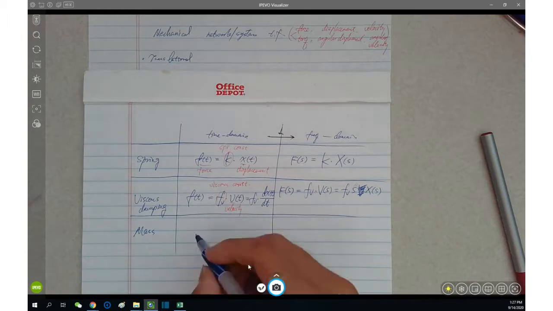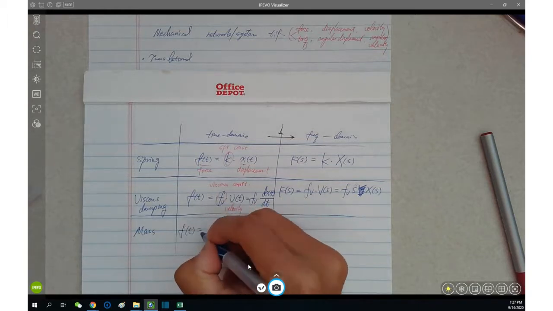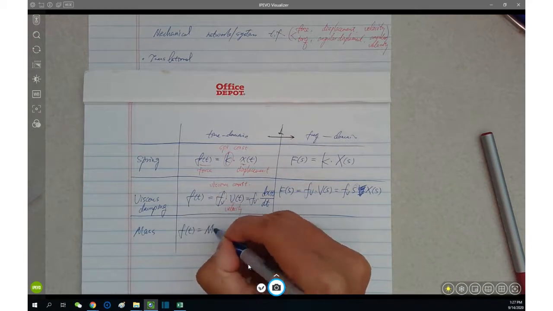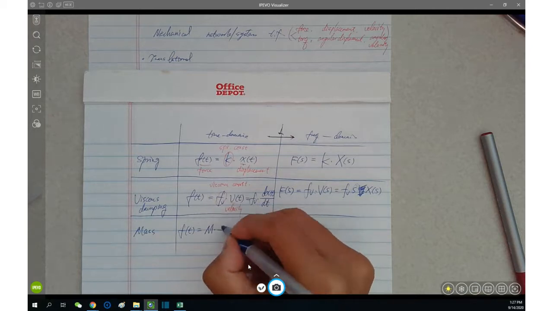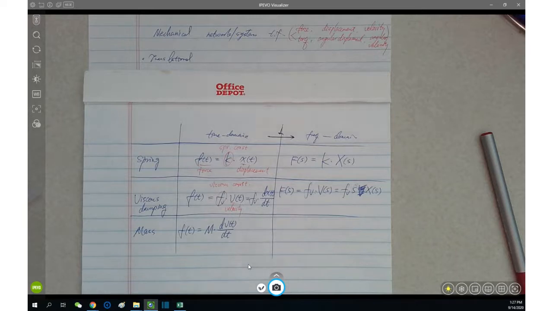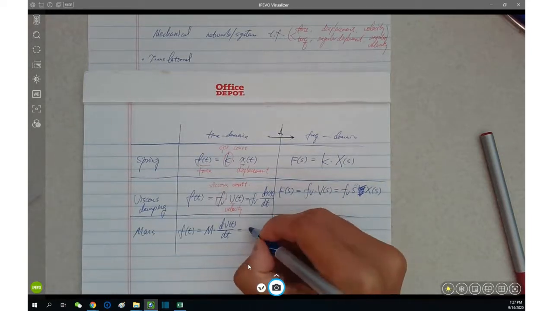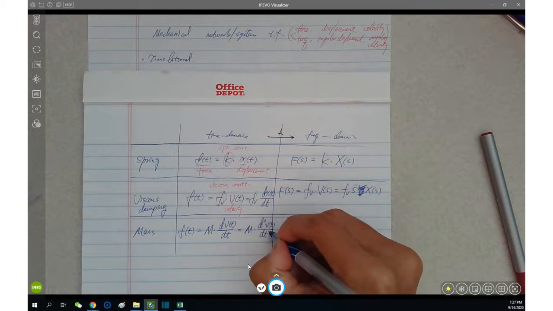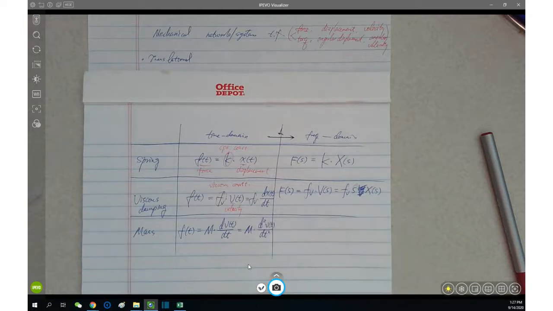The last one is mass. The force equals what? This is Newton's second law. Force equals mass times the derivative of the velocity, or mass times acceleration, and further equals mass times the second-order derivative of displacement with respect to time.